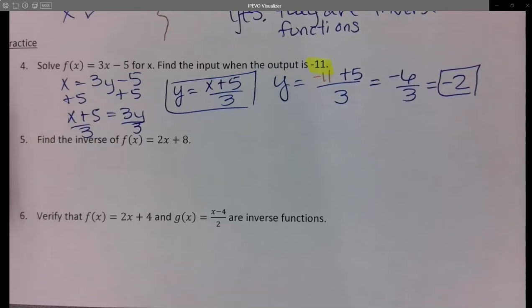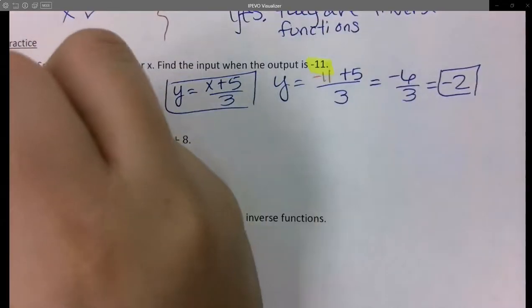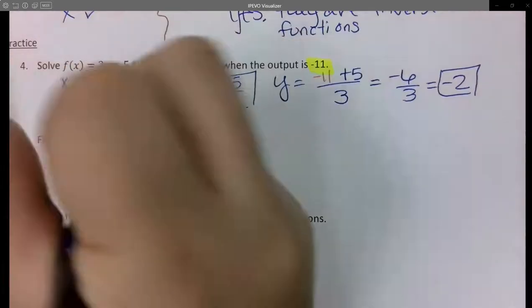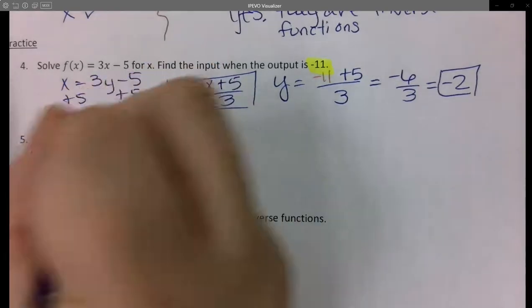Okay. Number 5 wants me to find the inverse, so again I just switch my letters. I am going to have x equals 2y plus 8. Then I want to subtract 8 from both sides.